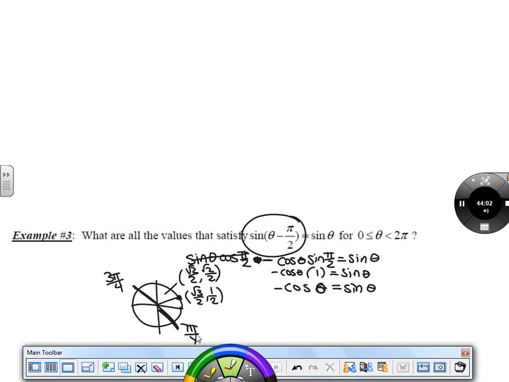I used radians because they gave me the restrictions in radians. So these are two measurements between 0 and 2 pi that make this true, and the only two. So I would say my answer is that the angle could be 3 pi over 4 or 7 pi over 4. Is this all right with everybody?